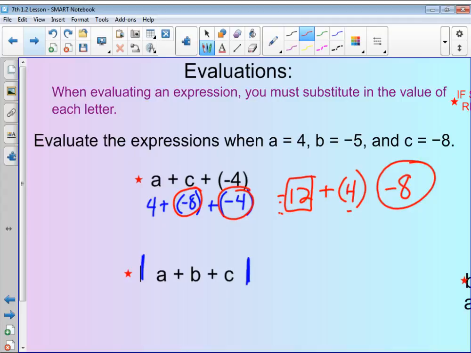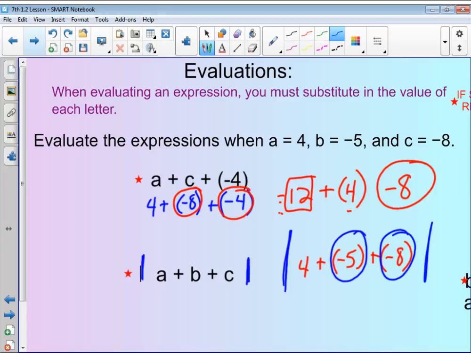And for the next one down, we have to go through and substitute everything in. So 4 for A, plus B was negative 5, plus C was negative 8. Okay, and I don't want to forget that in the end, I have to find the absolute value once I get this answer. Okay, so put these two together, because they both have negatives.